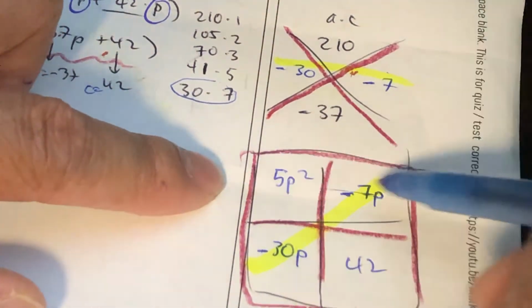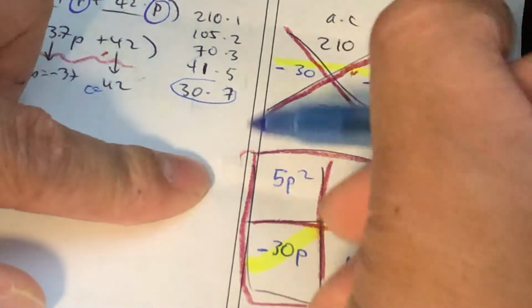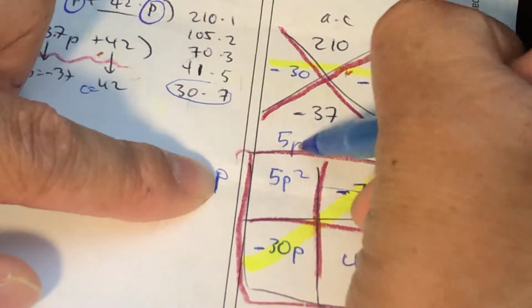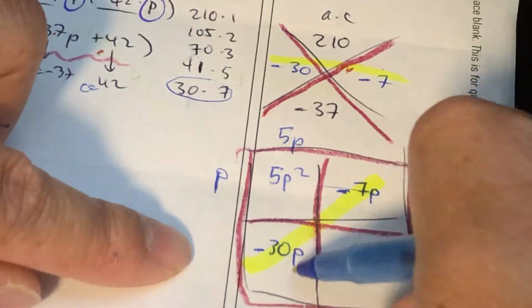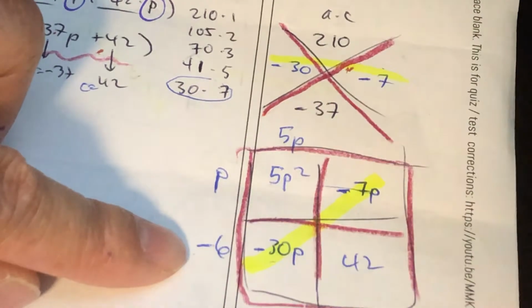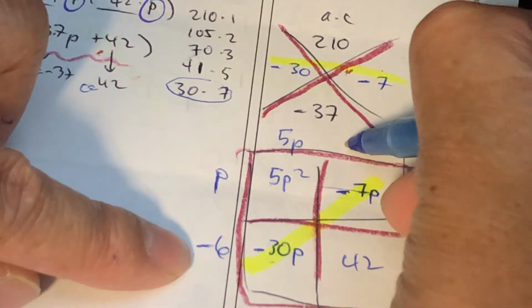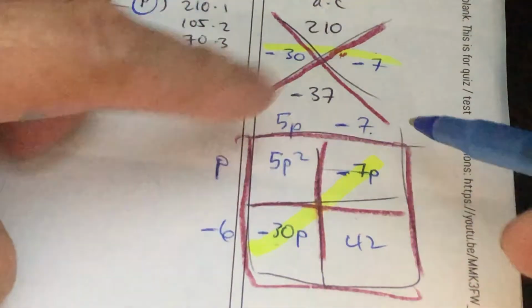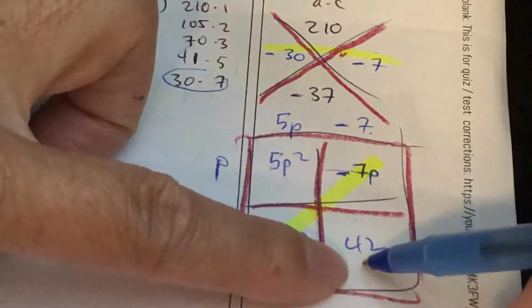Well, here they do not have a greatest common factor of 5, it'll just be a p. This one's going to be a 5p. This one will have to be a 5 times something equals negative 30, that would be negative 6. And then this one will have to be a negative 7. Right? Negative 7 times p is negative 7p. Negative 7 times negative 6 is positive 42.